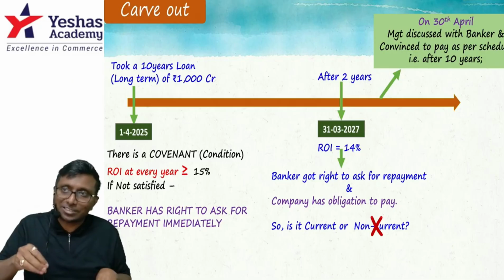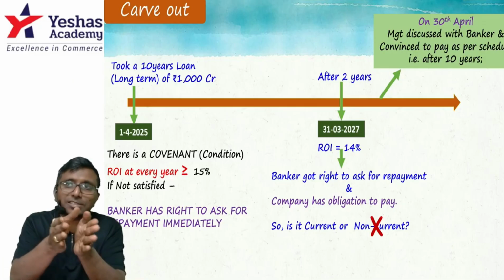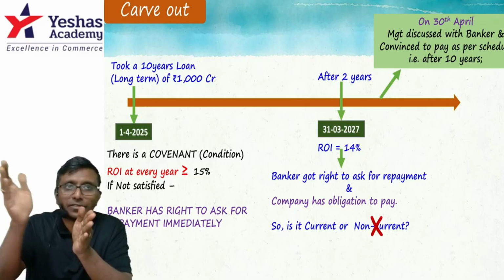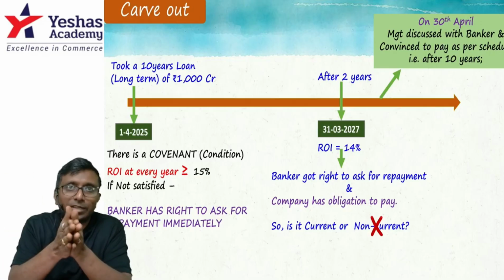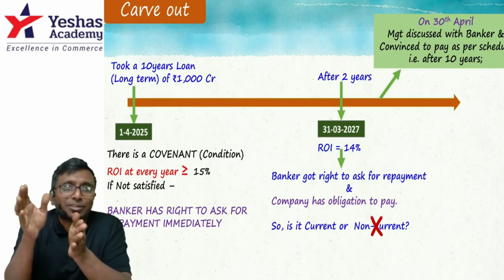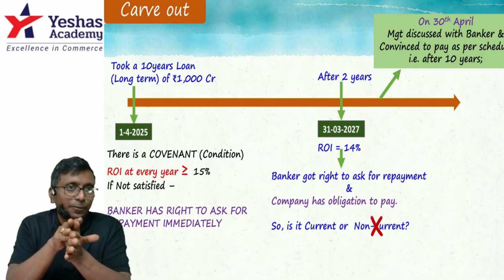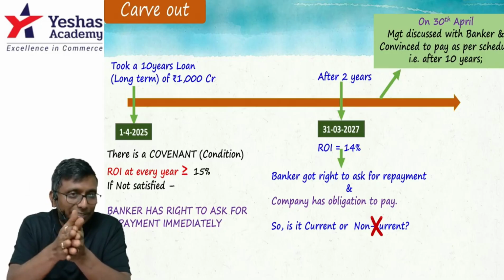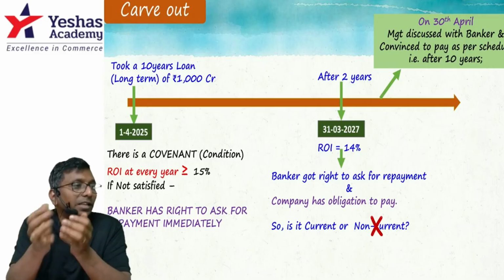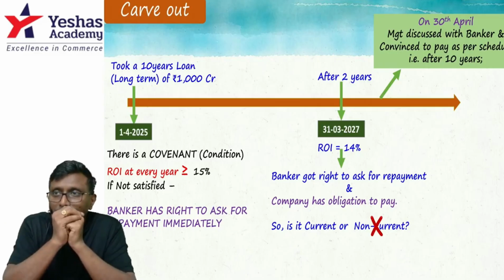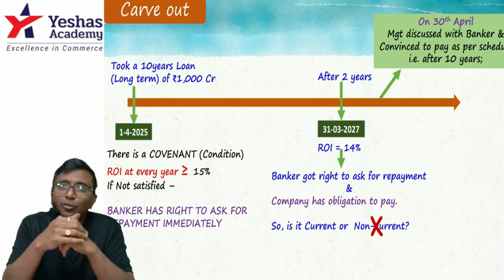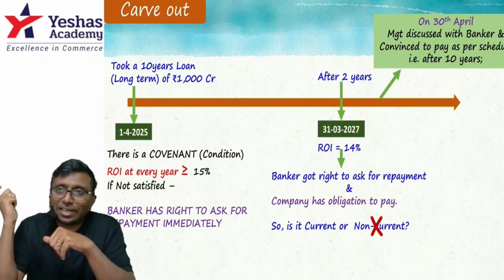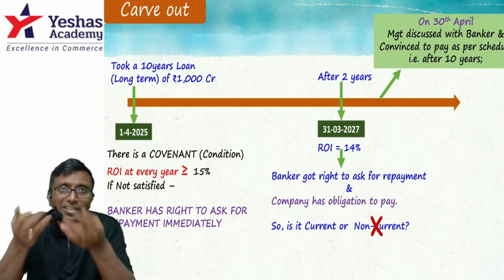Now, have you closed the financial statements? No. 31st August is our date all the time. Okay. Now tell me, as on 31st March 2025, should I disclose it as current or non-current? First, before you answer, if this situation happened, is the subsequent event adjusting or non-adjusting?